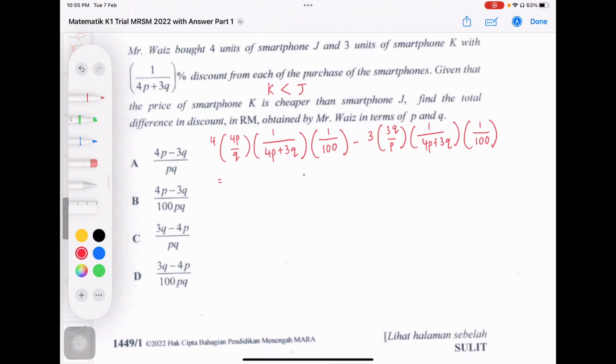Then you need to factorize, because we have the same term here. This one, this one. Factor both of them. Bring in front. This one why you get 16p, because you times 4 times 4p.